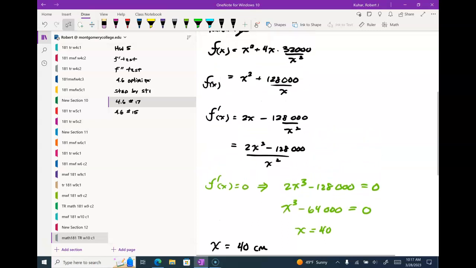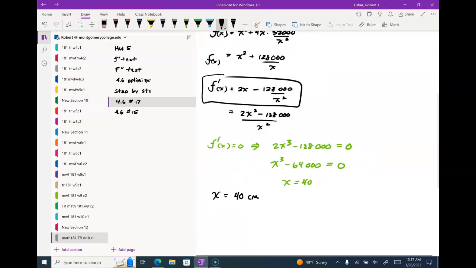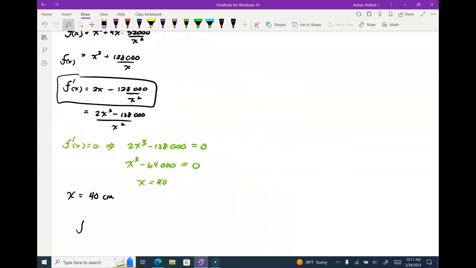So I think it's kind of easy to get my second derivative right away here. Who's got my second derivative for me? Thank you very much.